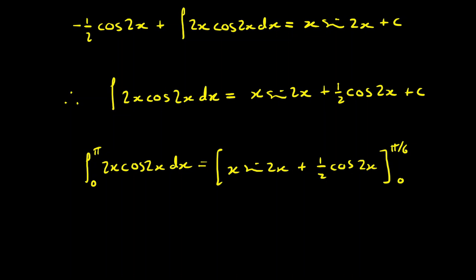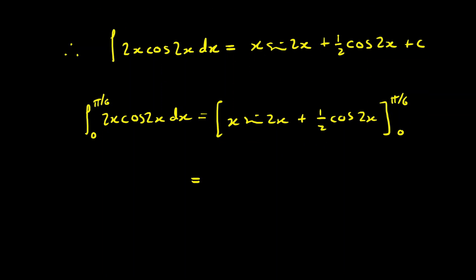I do beg your pardon, that should be pi by 6 there. And if I substitute in the top bound, pi by 6, that's going to give me pi by 6 times sine of pi by 3, because pi by 6 times 2 is pi by 3, plus a half cos pi by 3.